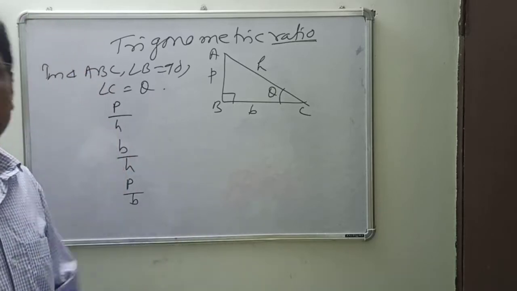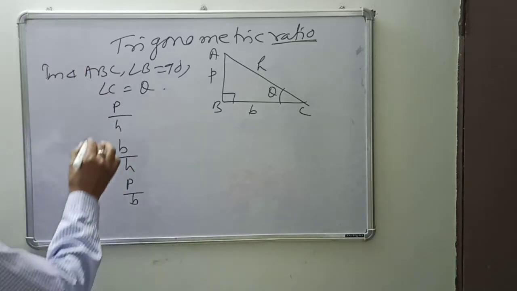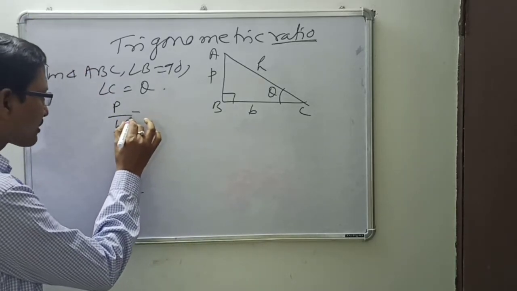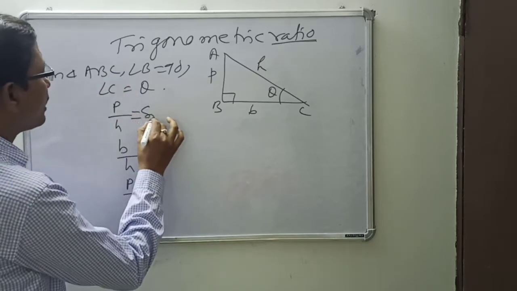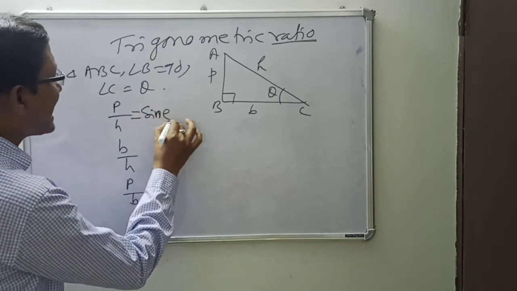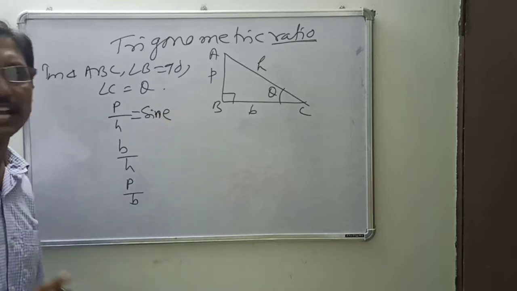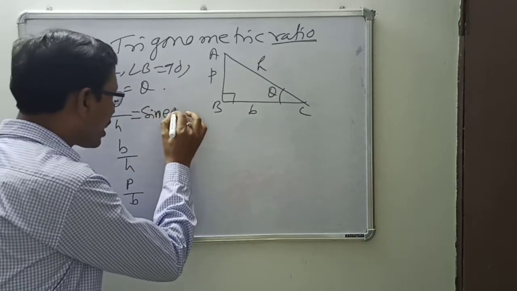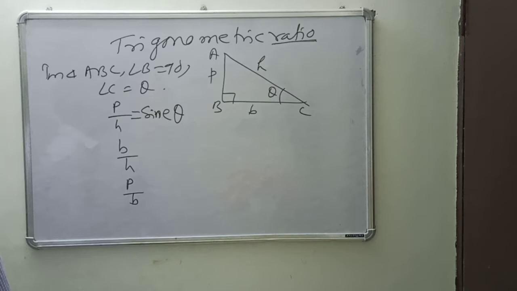The ratio of perpendicular and hypotenuse is known as the sine. Sine alone has no meaning until you write sine theta.